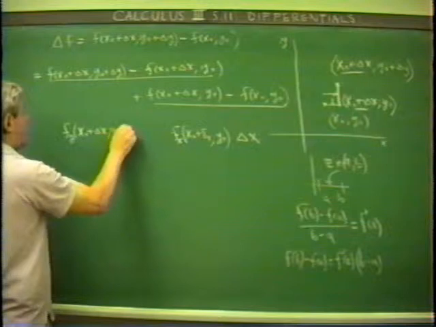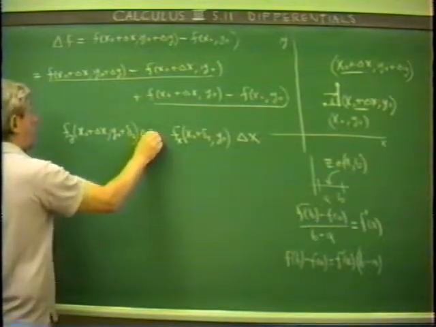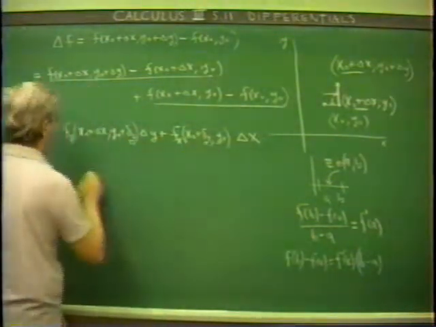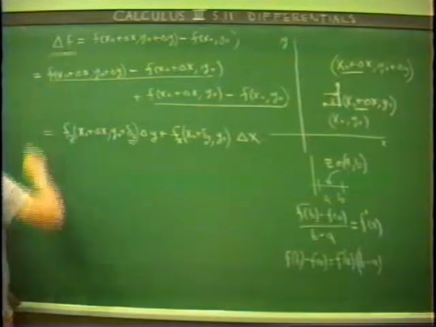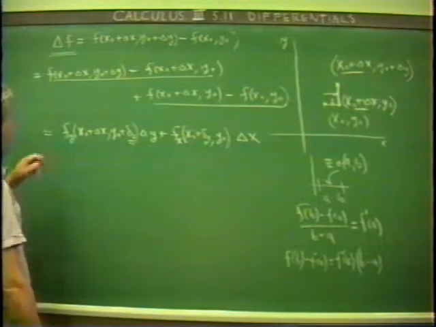That's to say at x naught plus delta x, y naught plus some delta 2 times delta y. So if delta 1 and delta 2 are chosen properly, we're going to get equality here with the increment, delta f.